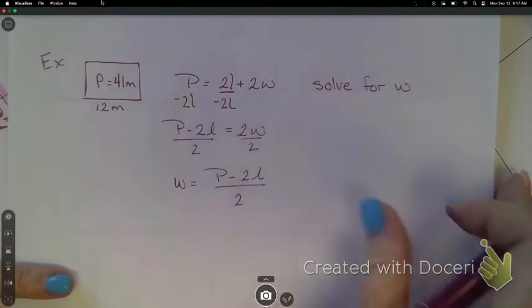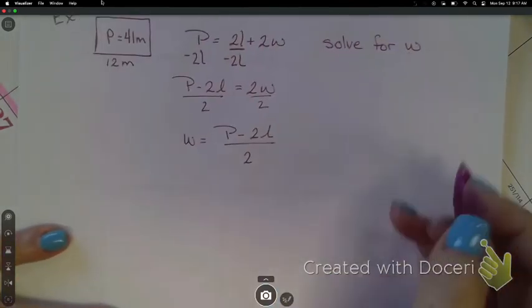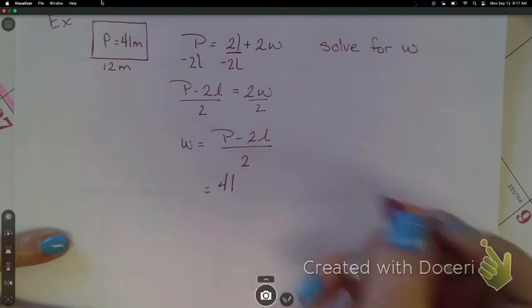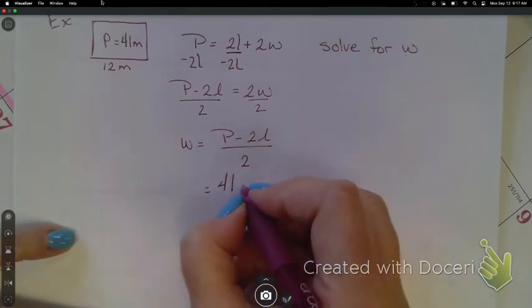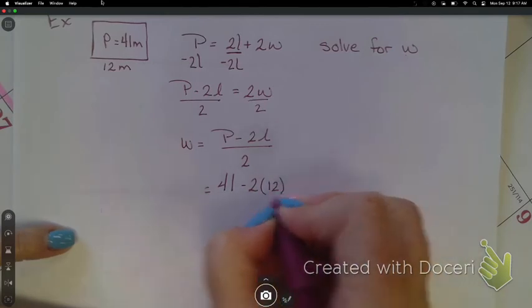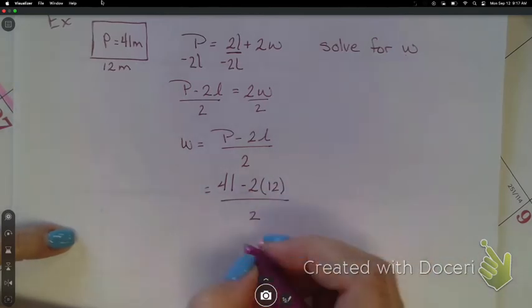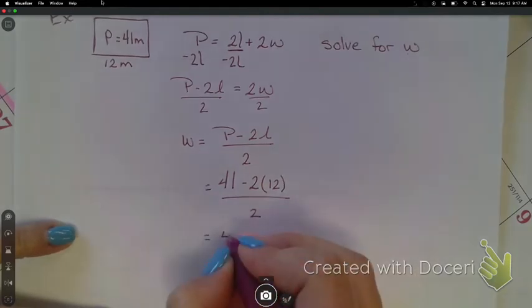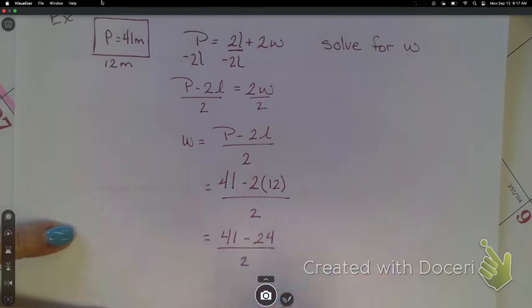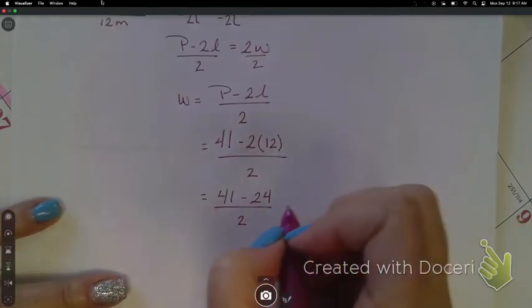So now I need to solve for W. Do I have the perimeter? 41. And do I have the length? It's 12. I just plug it in. So 41 minus 24 divided by 2. And I have to do my subtraction, yes?